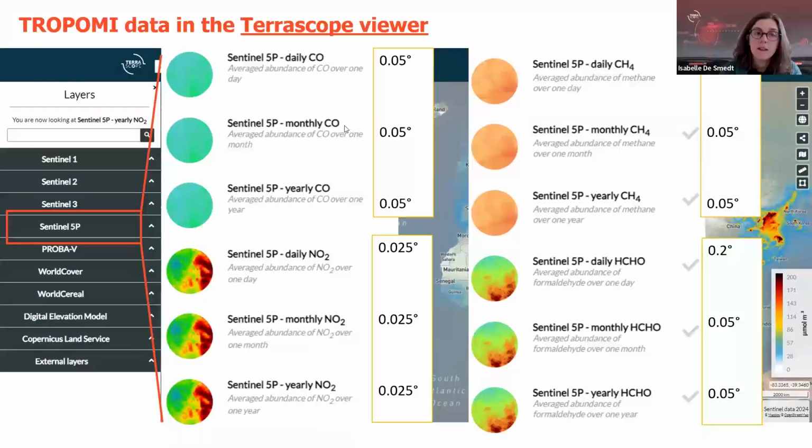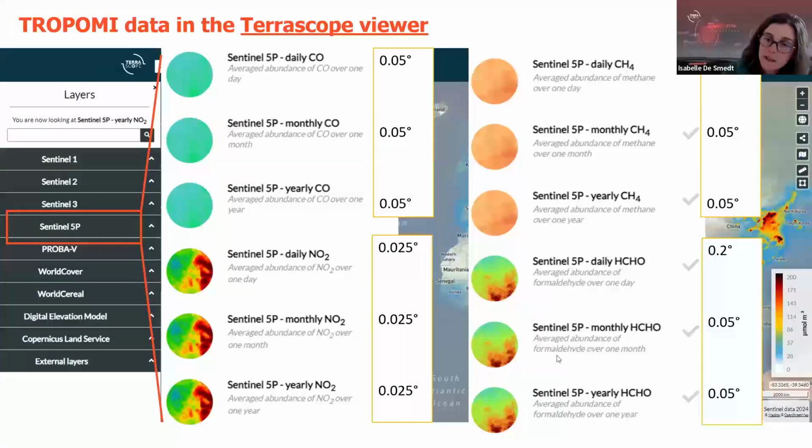So for example, CO and methane are provided at the spatial resolution of 0.05 degrees in latitude longitude, while NO2 is provided with a finer resolution because the quality of the product allows it, and because the spatial distribution of NO2 is much finer, so we can observe that in the viewer.